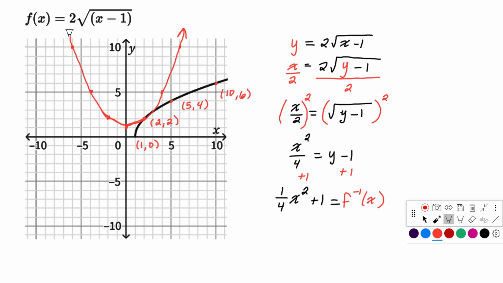And I have my full parabola for my inverse function 1/4 x squared plus 1. And this concludes our video on inverse functions, graphing them and writing the inverse function.